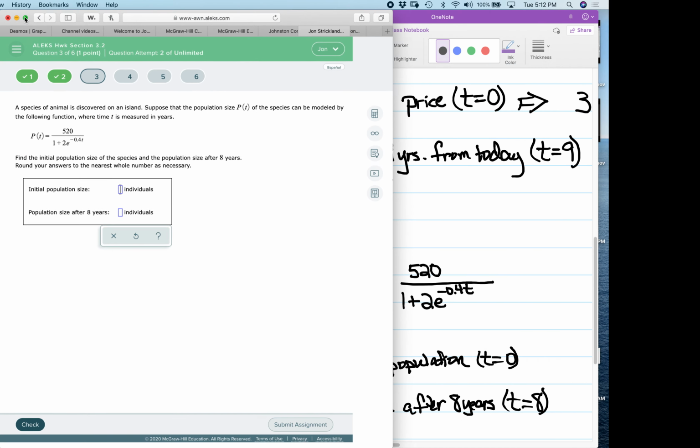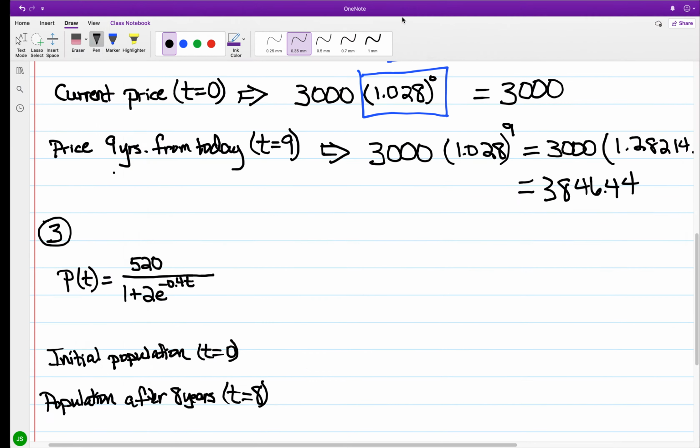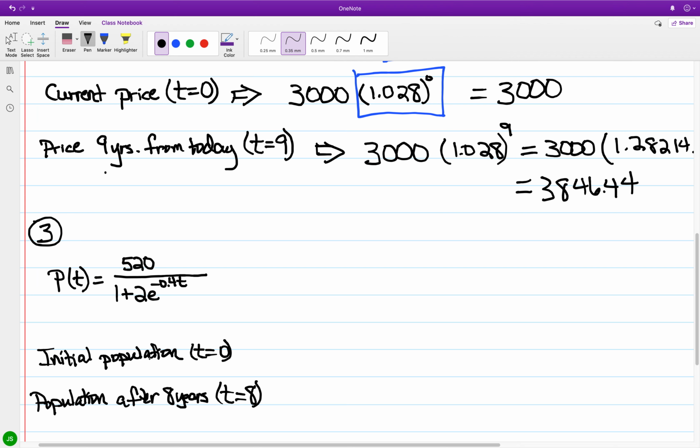Okay, so we're working with the formula regarding population. For the initial population, you start out at t is equal to 0. So we have P of 0 is equal to 520 all over 1 plus 2 times e to the negative 0.4 times 0. Negative 0.4 times 0 is 0, and again, a non-zero number to the 0 power is equal to 1.